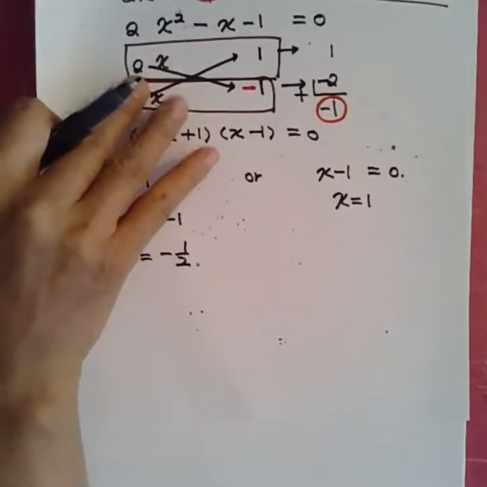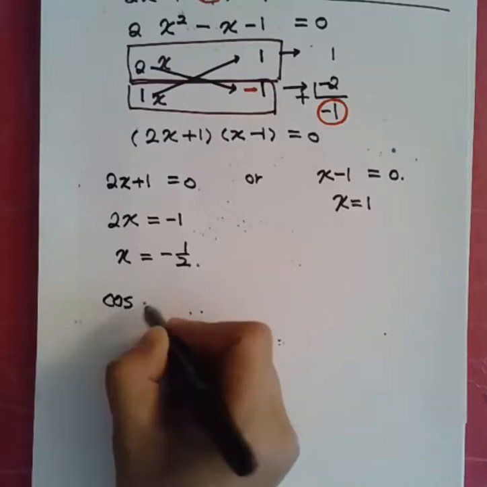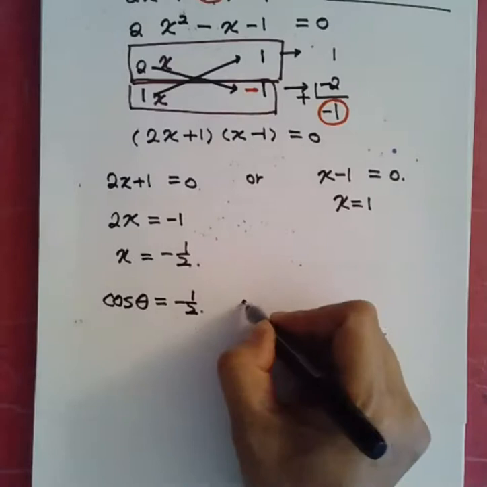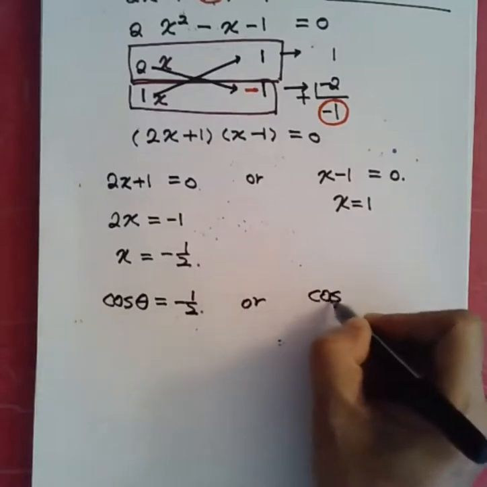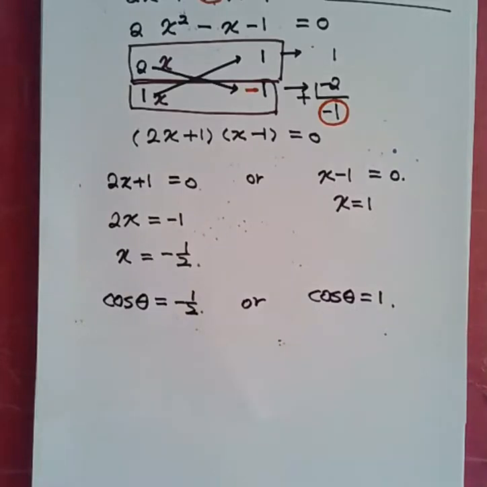So we replace x by cosine. So cosine of theta equals minus 1 over 2, or cosine of theta equals 1. As soon as you get to here, the problem is not different from any other problems.